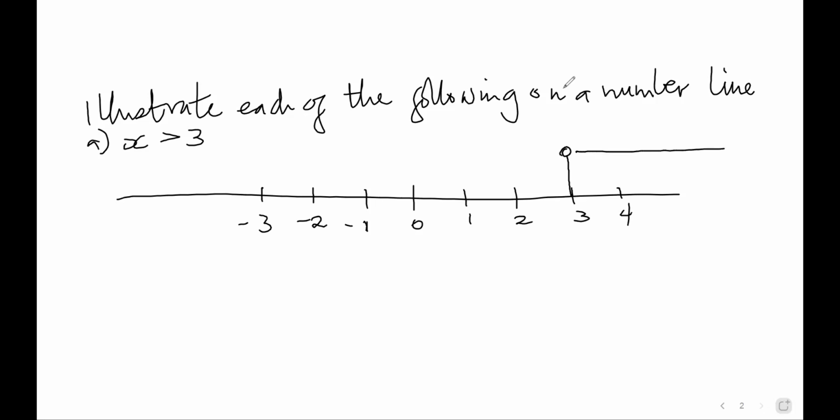You don't shade that circle, meaning that you are not including the 3. If it is greater than or equal to, it would include the 3. But because it is not, you're not including it. That is how we illustrate x is greater than 3.